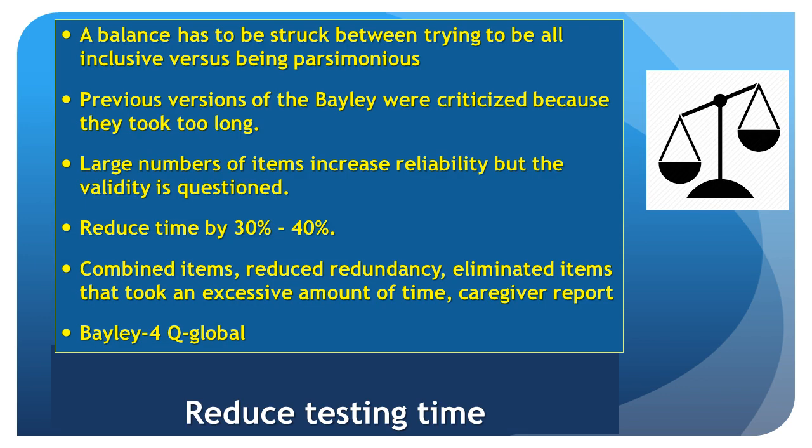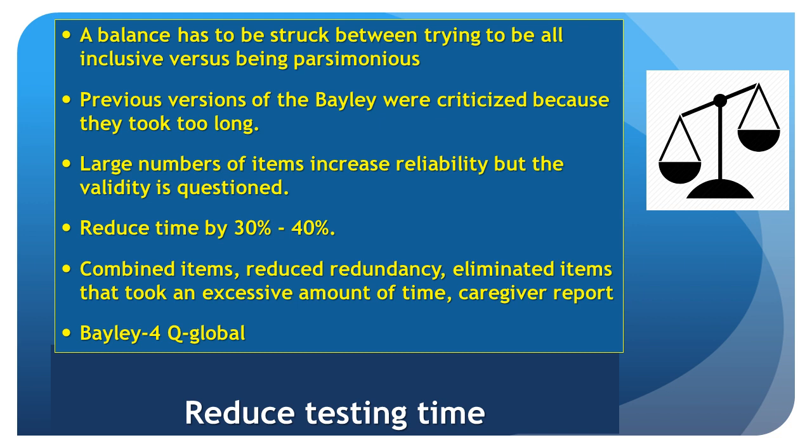Another goal was to reduce testing time. And there's a balance here that needs to be struck between trying to be all-inclusive versus being more parsimonious. Previous versions of the Bayley were criticized because they took too long. Large numbers of items increase reliability, but validity is questioned because of fatigue, disinterest, irritability, and so on.